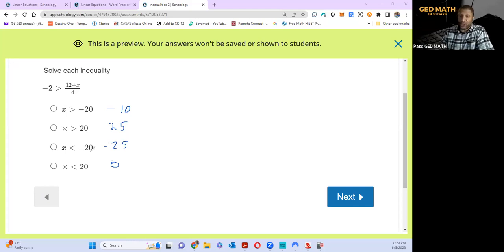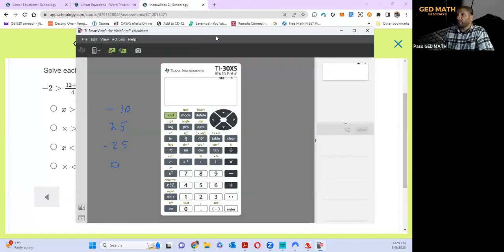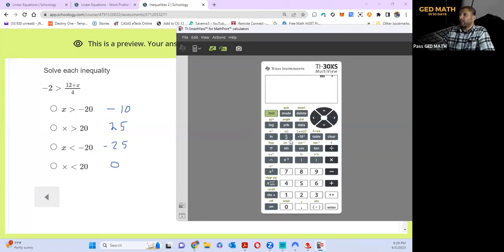But watch this. I'm going to show you something you can do. Minus 2 has to be greater than any result I get, right? So watch this. 12 plus X. So I'm going to use minus 10 and substitute it in over 4.